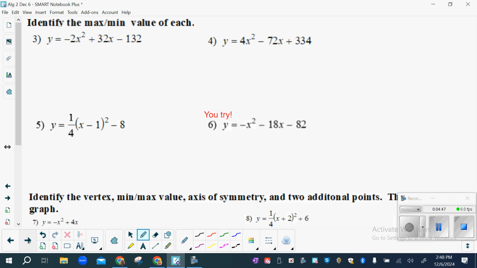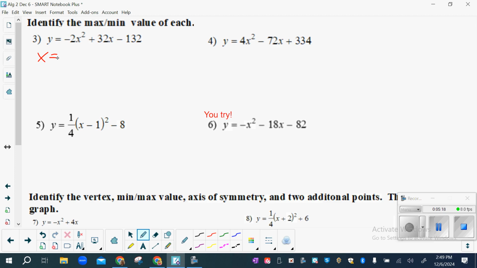X equals... That's the standard form. It's got an A and a B in it.